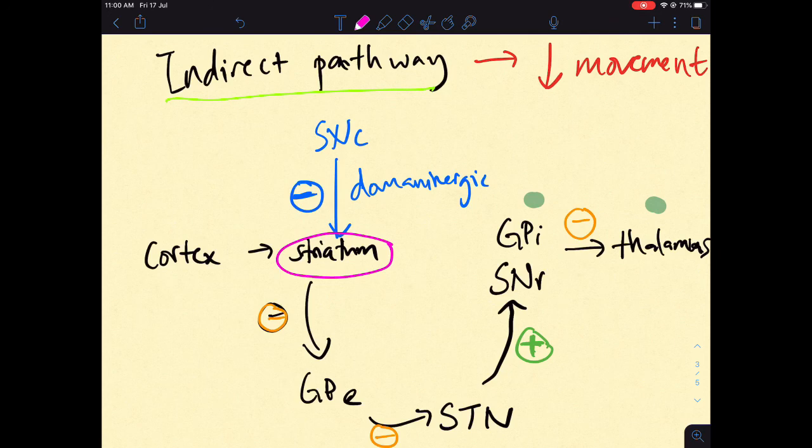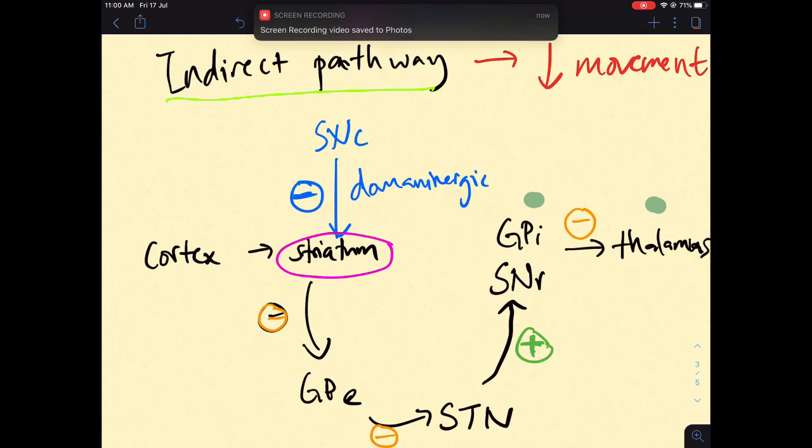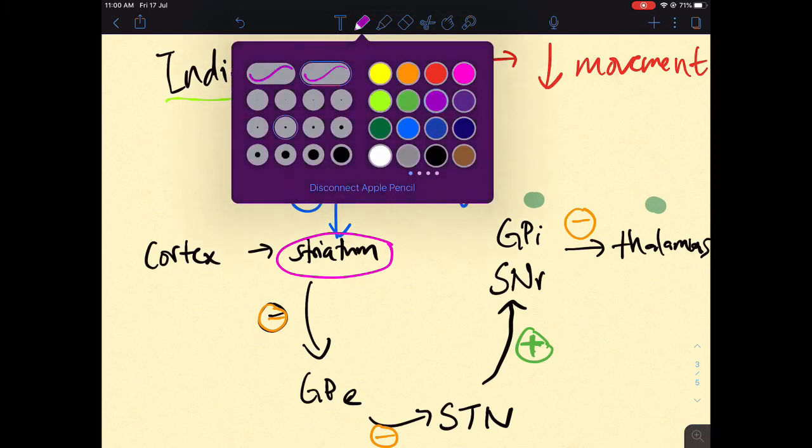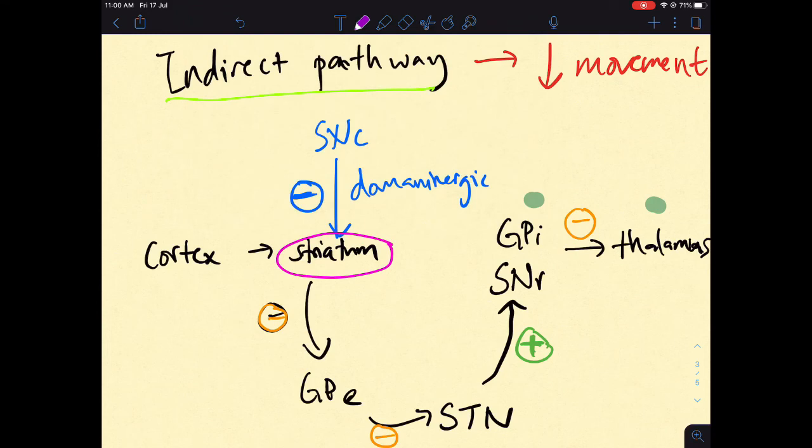So you have increased movement, so that's why you end up with chorea, because chorea is these dance-like movement that's so it's over movement.